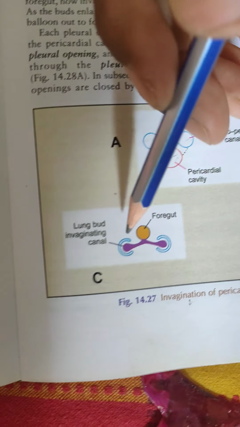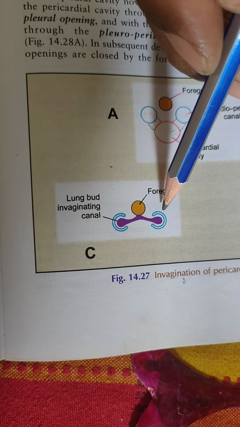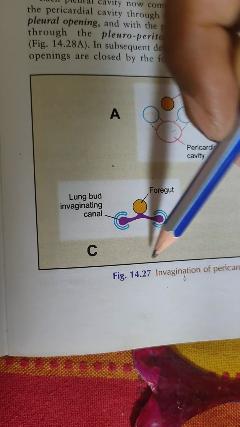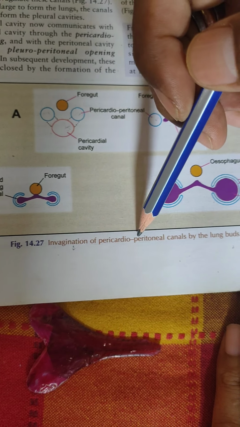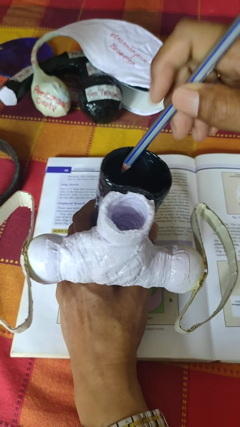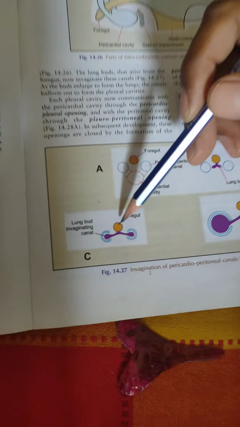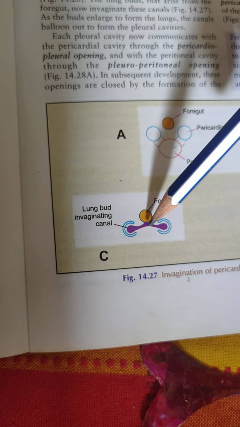So in the next C diagram, this pericardioperitoneal canal will be invaginated. Please focus on this one. This is called invagination of pericardioperitoneal canals by the lung buds. As per this diagram, this is the esophagus. This is the foregut. So from this foregut there will be the tracheobronchial diverticulum.